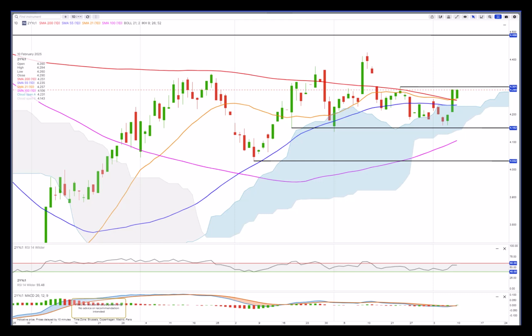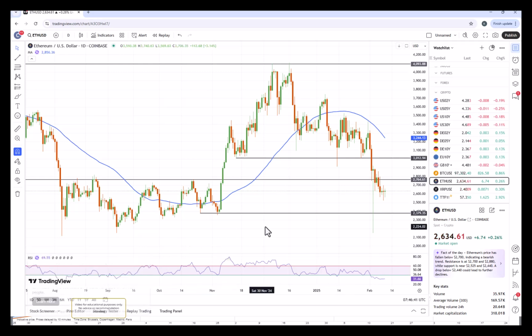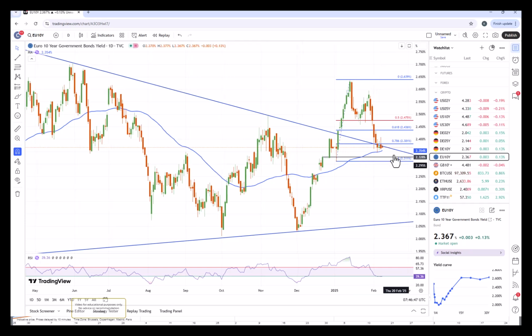So moving on to the European yields, and the Euro 10-year seems to find support here around the 55 moving average, just around the 235 and the 786 retracement.